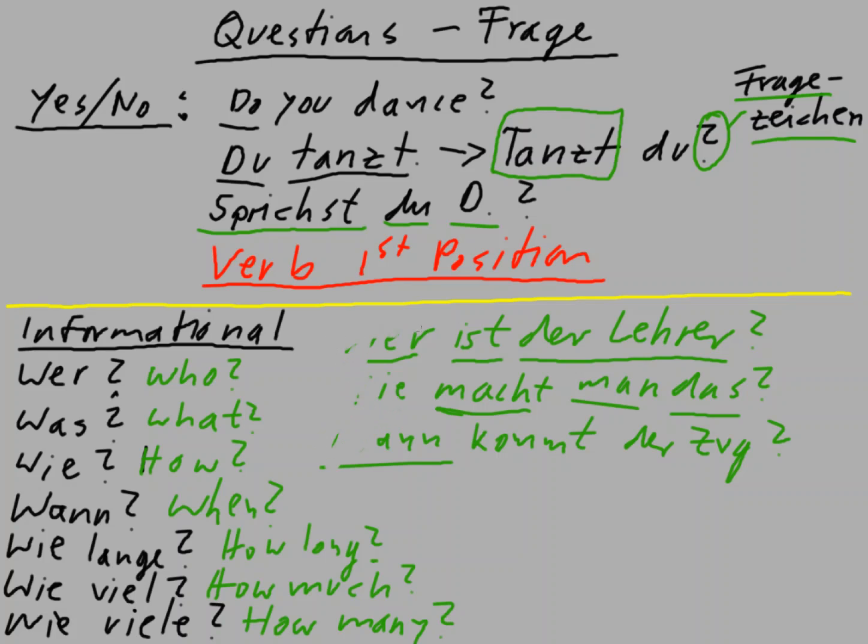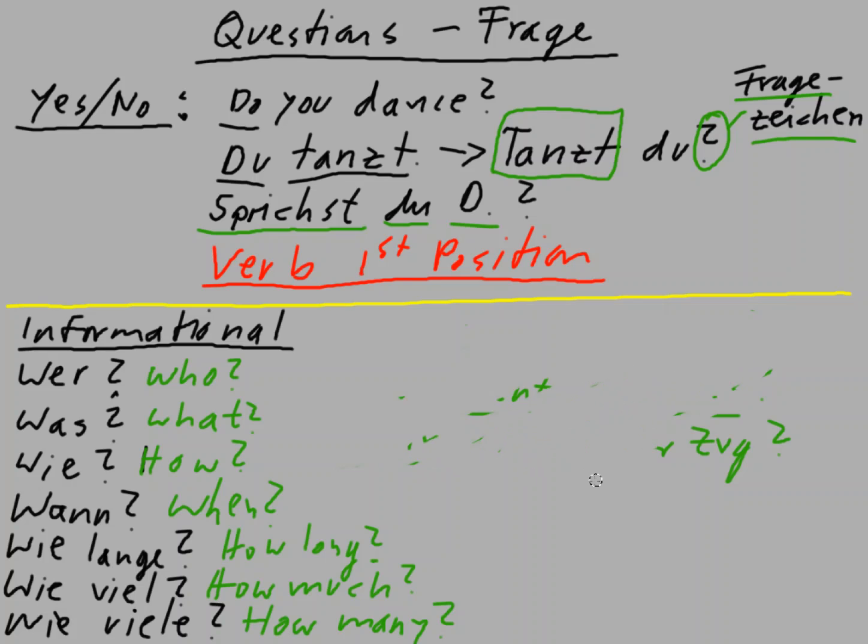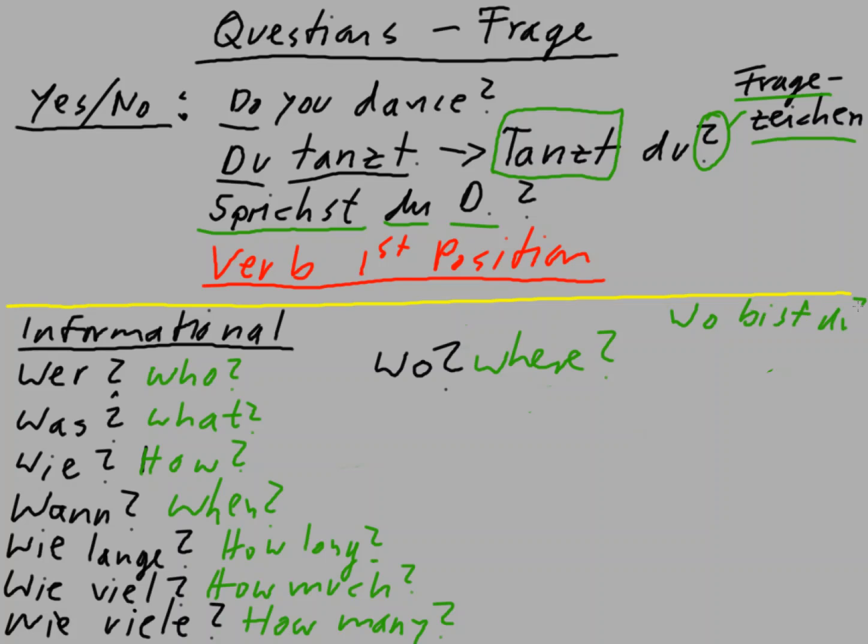so let me just quickly get rid of all of this stuff over here, so we have more space for more cool informational question words. So, the next question word is wo, which in English is where. Wo bist du? Okay. Wo bist du?